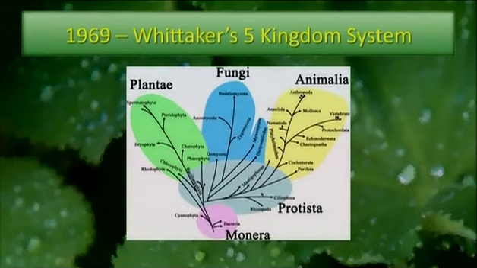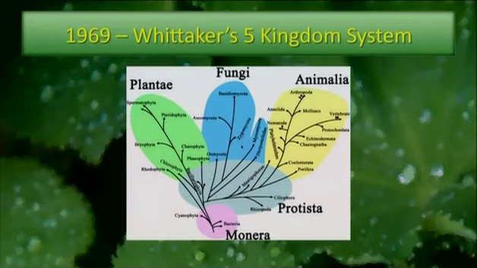By 1969, a scientist named Whittaker proposed a 5-kingdom system. This was in place for a while. There are 3 kingdoms of more complex organisms that were based on mode of nutrition: photosynthesis, the Plantae; ingesting food through a digestive tract, the Animalia; or the absorption of food in solution, the Fungi.